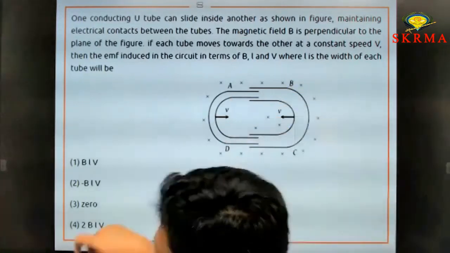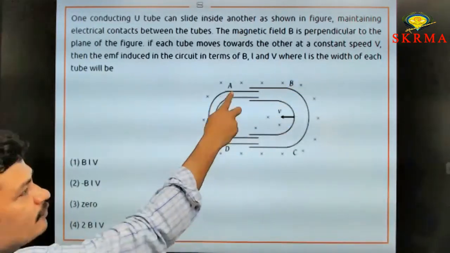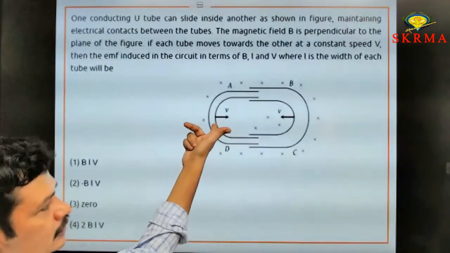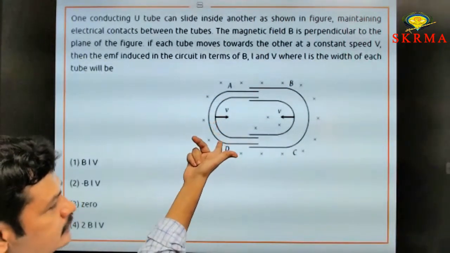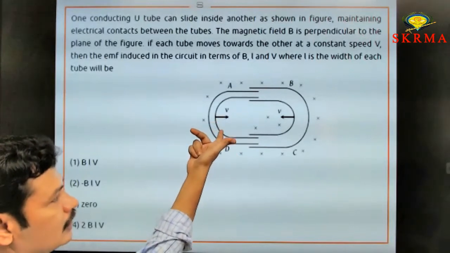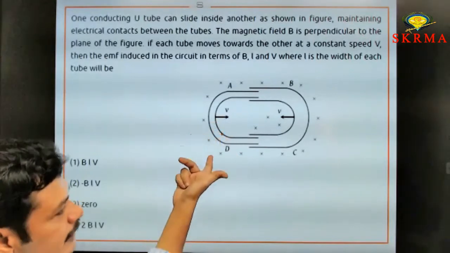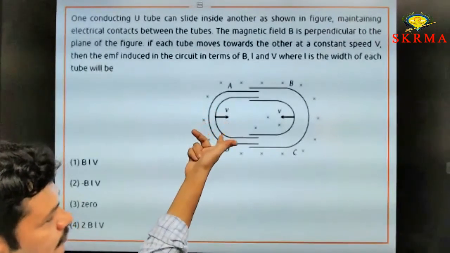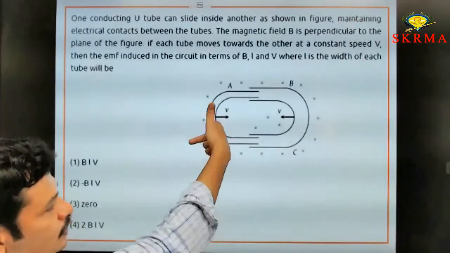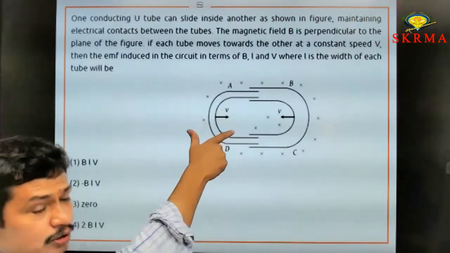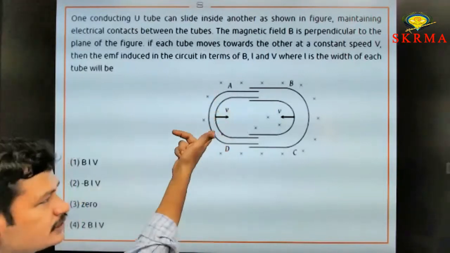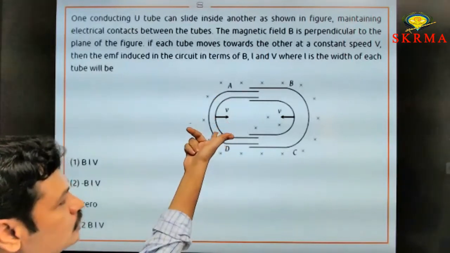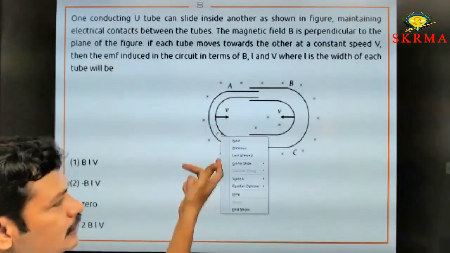Here, if you observe, this one is moving towards right. And what is the direction of this one? We have to represent the force direction. Towards right, into the page. The current direction is.